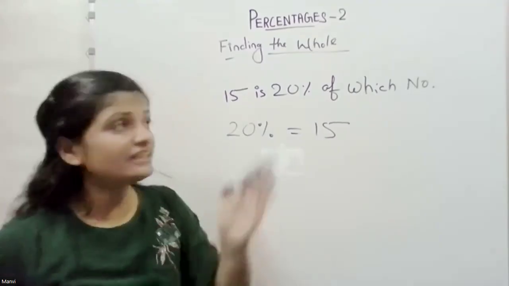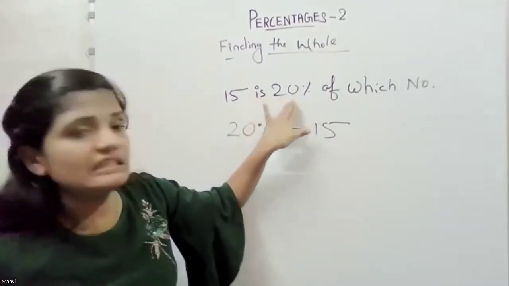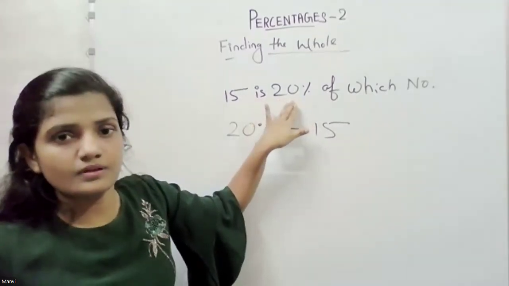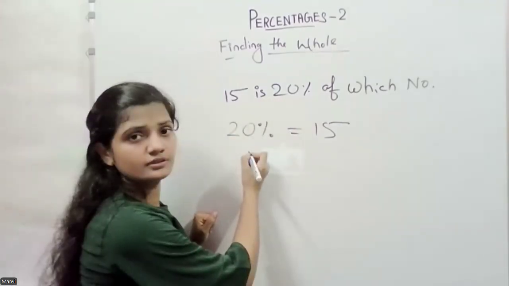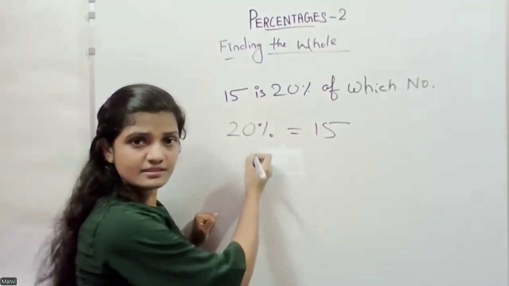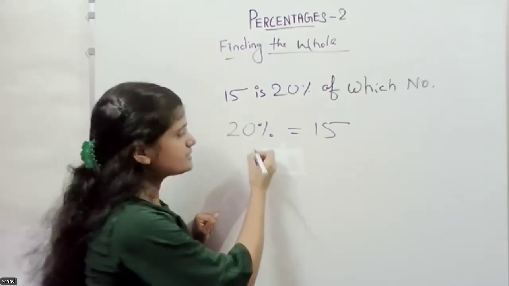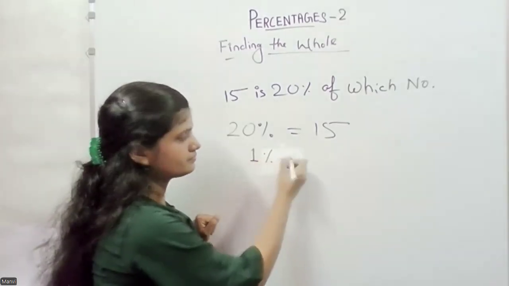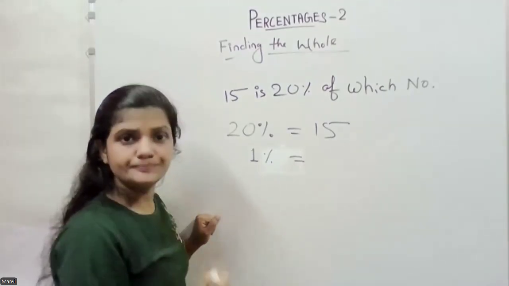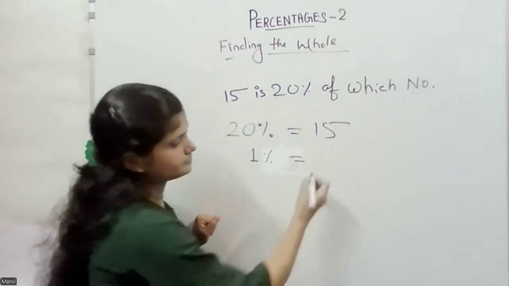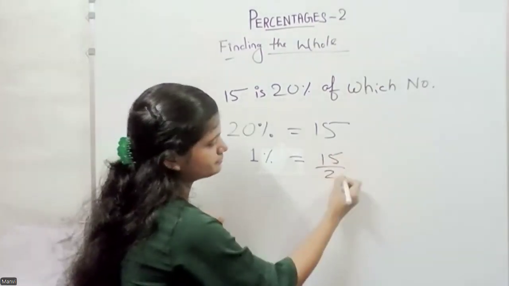They are giving us the value of 20%. Now we need to find the value of 1%. So 1% is 15 divided by 20. Very good.